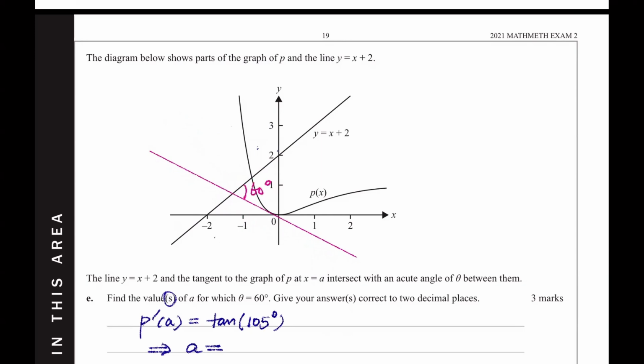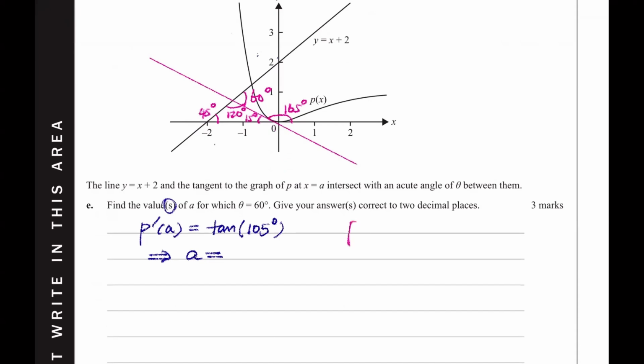Like this is 60 degrees. This is 45 degrees. So this is 120 degrees. 120 plus 45 is 165. So in a triangle, here is 15 degrees. You may also get a 165 degrees. So you also have P dash of a equals tangent 165 degrees. And that gives you another a value, okay?